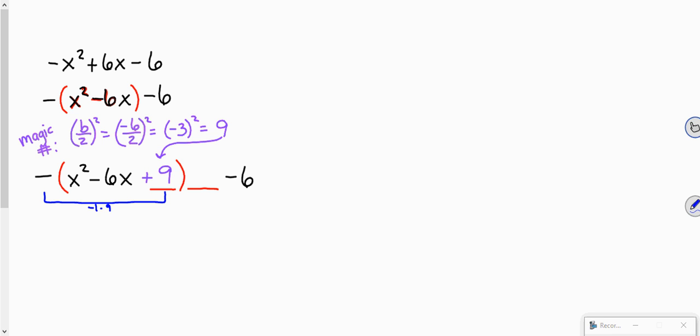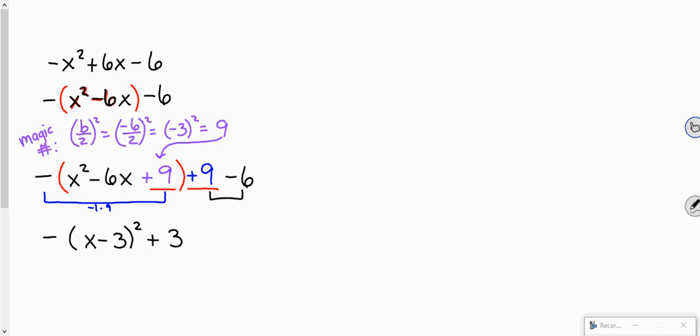So by adding the +9, I actually contributed a -9. So then to counterbalance that, this has to be a +9. Now I need to factor my perfect square trinomial. So this is x minus 3 squared, and then these are like terms I can add together, plus 3.